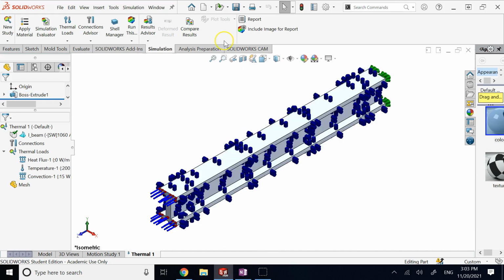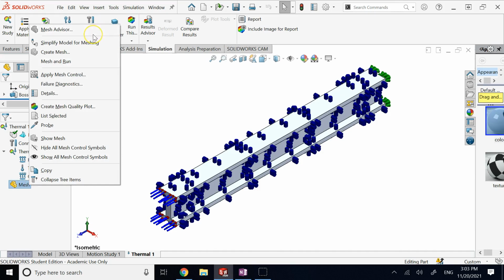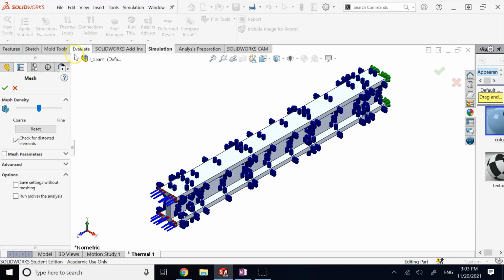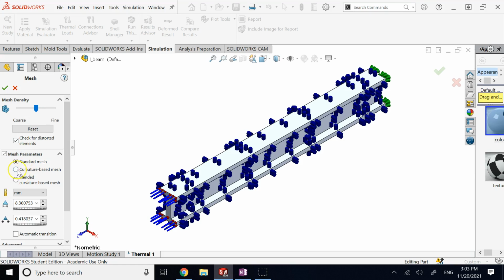From the right side. The other thing you need to do is to mesh, and you can go and say create mesh, or you can just say mesh and run. So you have control in mesh creation if you want to use high density, low density, right? If you want to use based on the curvature or so on.